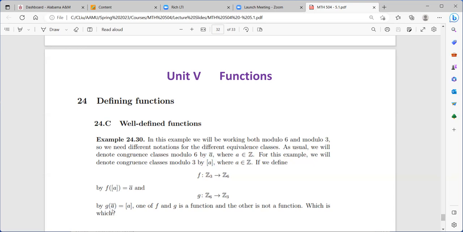And if the relation is a function, then whenever you pick any number in the same class, you should end up with the same function value, the same class bracket a in Z3.